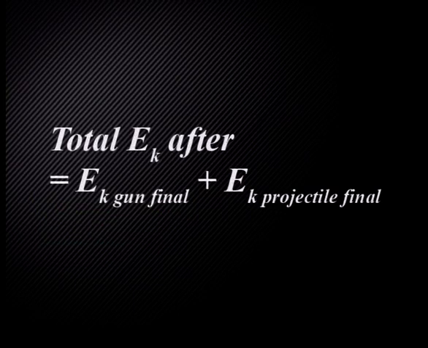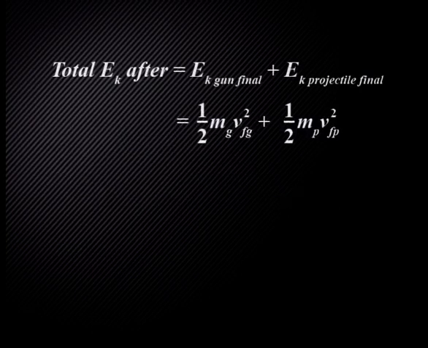So the total kinetic energy after the explosion is equal to the final kinetic energy of the gun plus the final kinetic energy of the projectile, which is equal to a half times the mass of the gun times the final velocity of the gun squared plus a half times the mass of the projectile times the final velocity of the projectile squared.